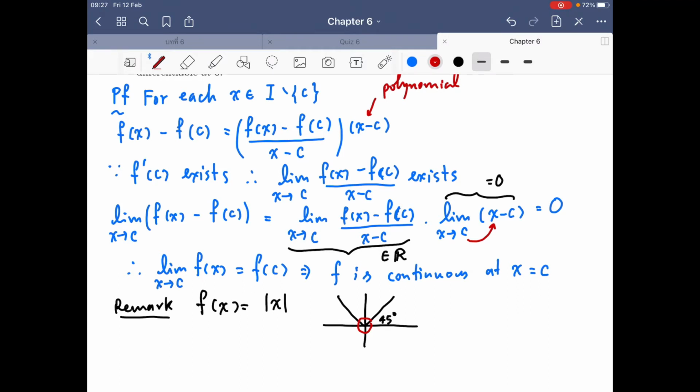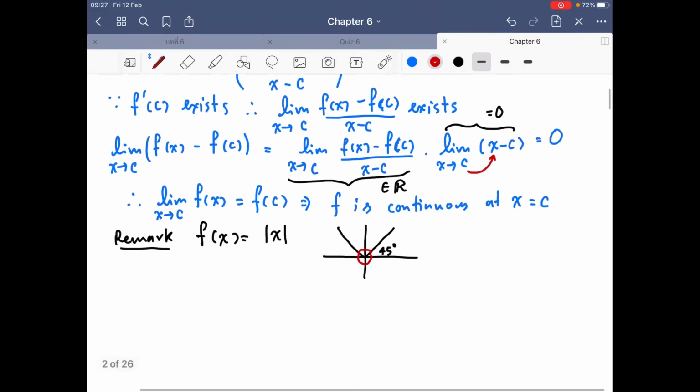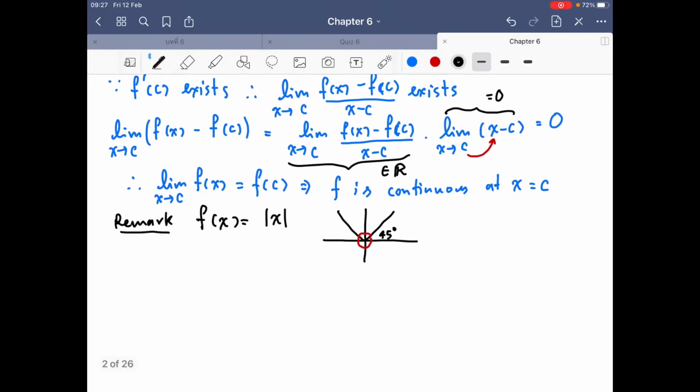Okay, so for a graph that has this kind of angle, in other words it's not smooth, your derivative will not exist at that point. So let's talk about the quotient that we are going to calculate for the derivative at the point 0.